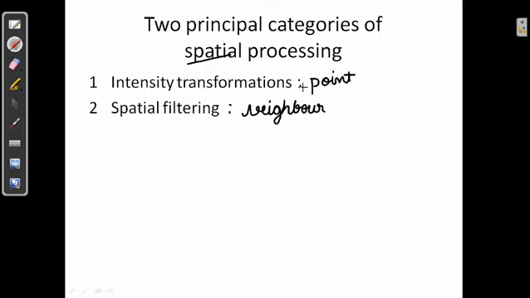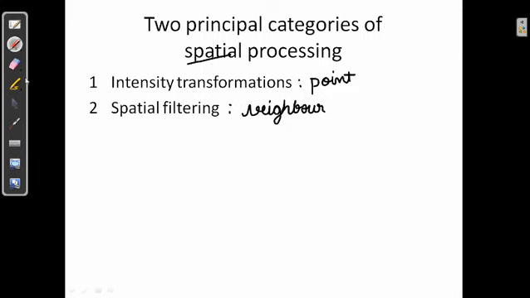The main distinction between these two is that in intensity transformation, we will be considering only that particular pixel, excluding the neighbors, whereas in spatial filtering, we will be considering the neighboring pixels present around the particular point on which you are carrying out processing.